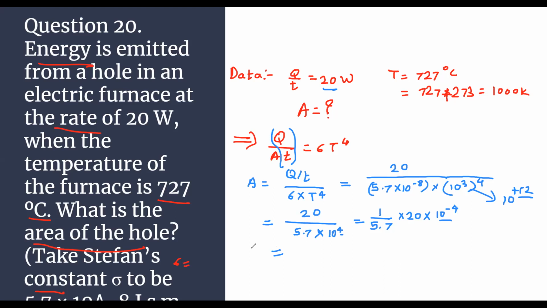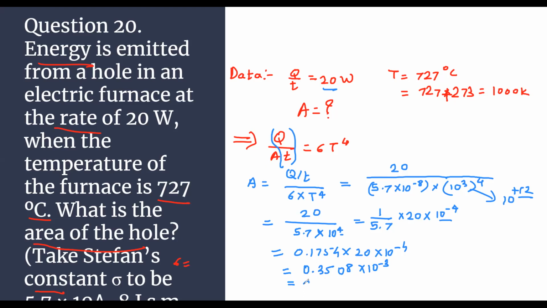So the reciprocal of 1 upon 5.7 is 0.1754, into 20 into 10 raised to minus 4, which we can solve directly by multiplication, which will give us 0.3508 into 10 raised to minus 3.